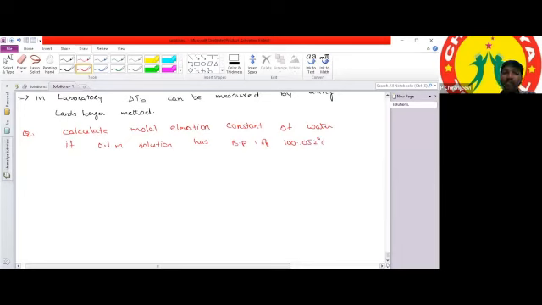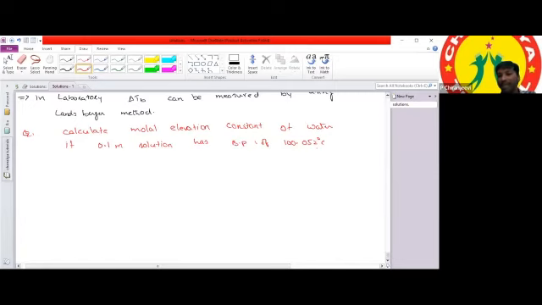So this is the question they're asking: calculate the molar elevation constant of water if a 0.1 molal solution has the boiling point of 100.052 degrees Celsius. In this one, we have to calculate the Kb value.